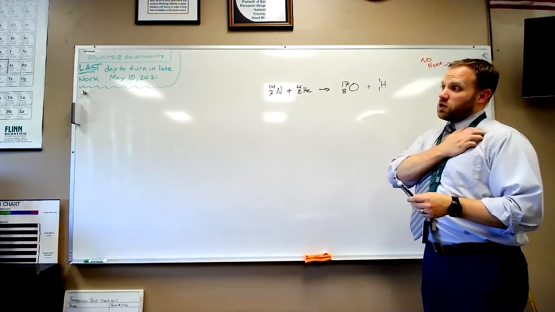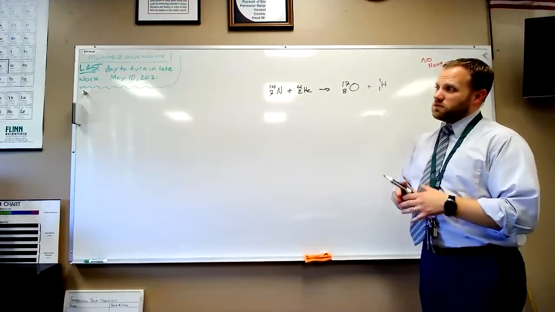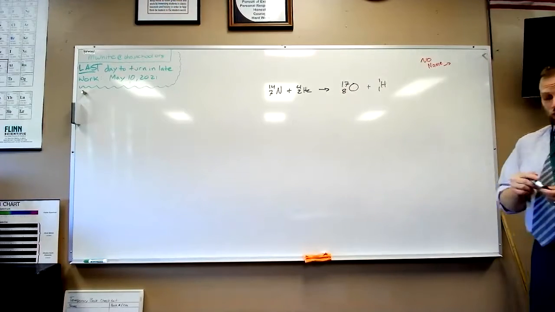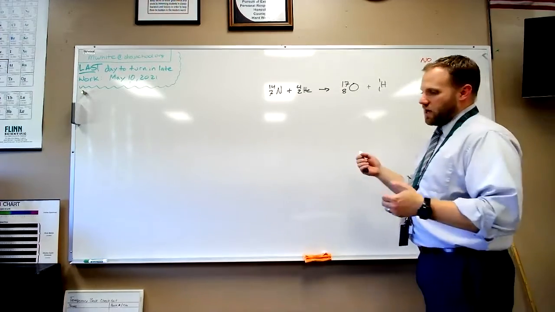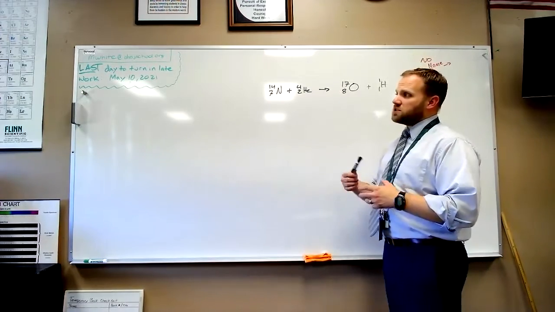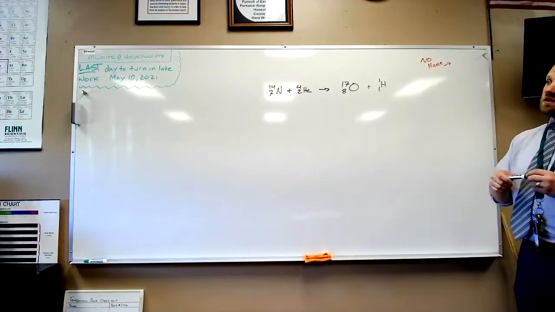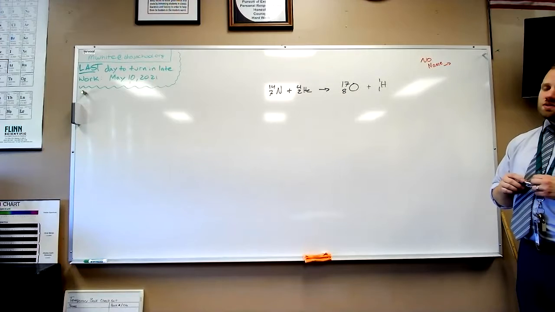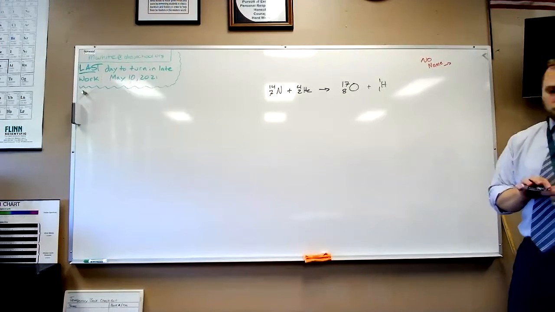Now, currently we have all 7 rows of the periodic table completely filled with named elements. If we discover new ones, and by discover, really, I mean make new ones by smashing things together and making something with more than 118 protons, then that will move on to the next period down, and we would start the 8th period.